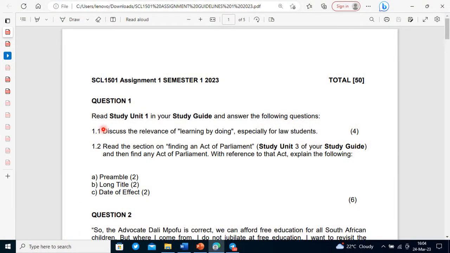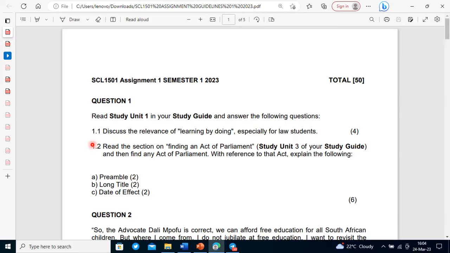Okay, question 1. Read study unit 1 in your study guide and answer the following. 1.1: discuss the relevance of learning by doing, especially for law students. For this one, if you go to the page stated in your study guide, footnote number 10 on page 15 is going to be your reference. So you get your answers on the page stated and then your reference, because I heard someone saying that a footnote must be included and whatnot.